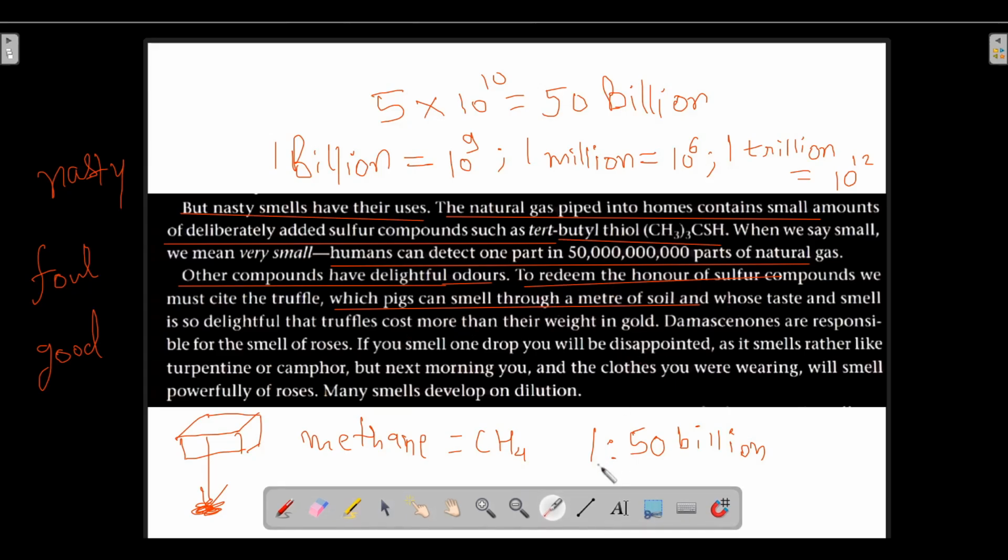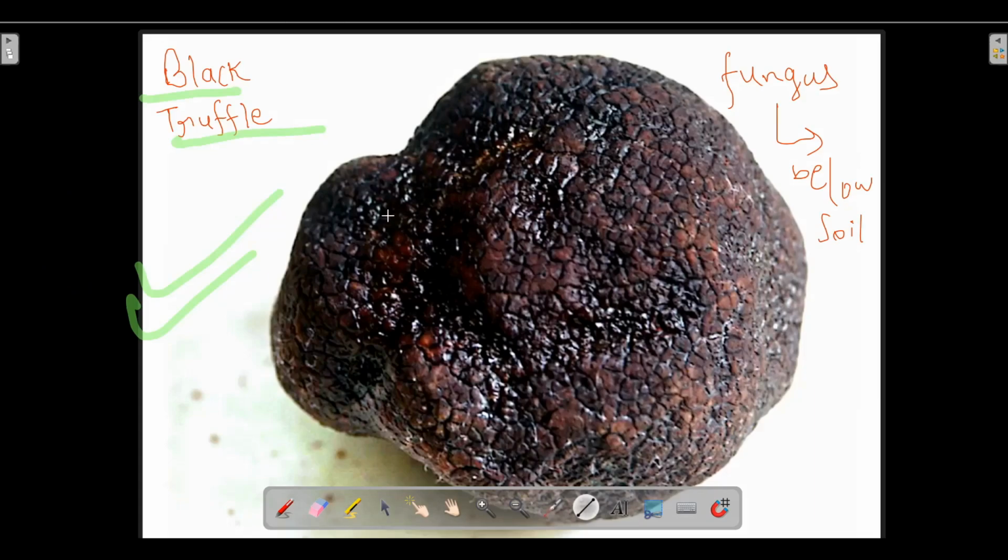Its taste is really good. It is really delicious. Its taste and smell is so delightful that truffles cost more than their weight in gold. So truffles, this kind of black fungus, are sometimes even costlier than gold.